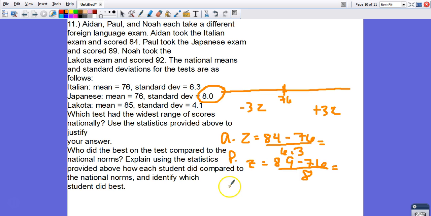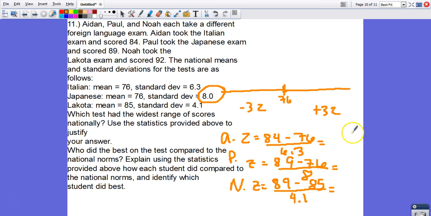And then Noah. What did Noah score? 89 minus, but they had a higher mean. They had an 85. Lots of people did well on that. Divided by the standard deviation, and it's a tighter score. Everybody did really closely together, right?